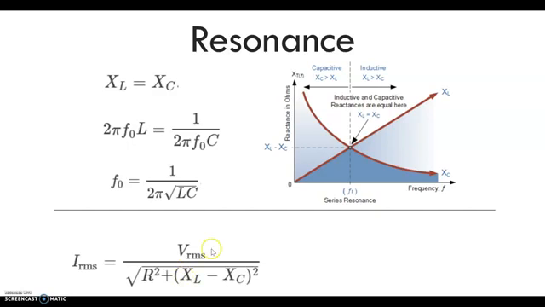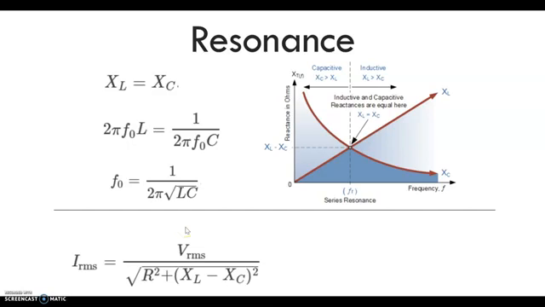If we take a look at this graph below, we can see that since these are the same, this will be equal to 0. The only thing affecting the current is the resistor, and current will be at its maximum value when resonance is taking place.